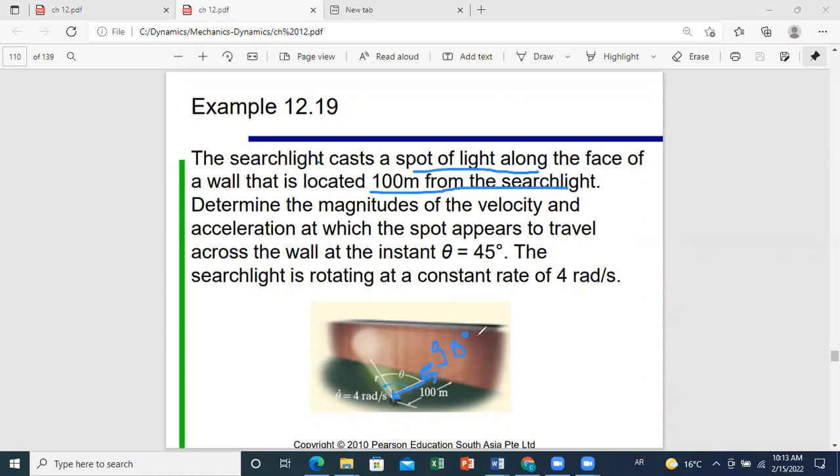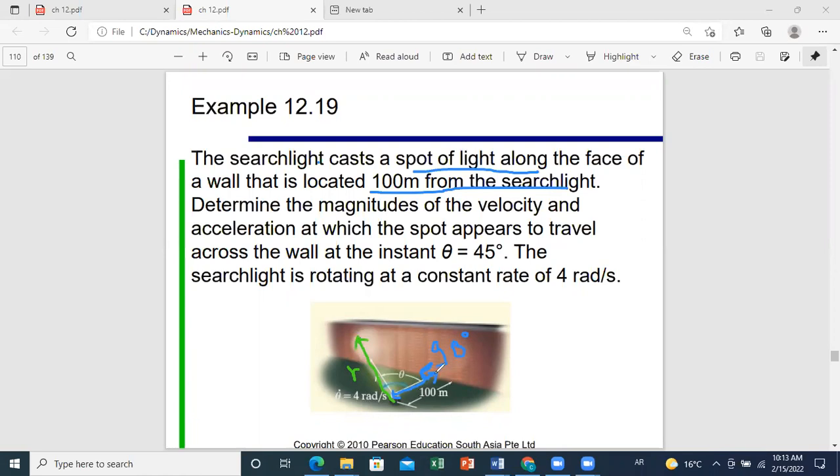How can I benefit from this information? Because what is R for me? R is the distance between the searchlight and the spot on the wall. So this is R for me. And the extremity of the R vector is on the wall.